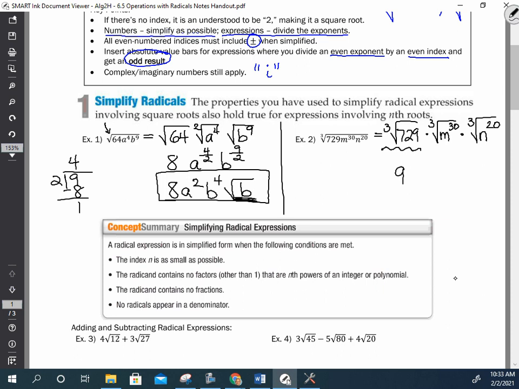For the variables, you're dividing the exponent by the index. 30 divided by 3 is 10.